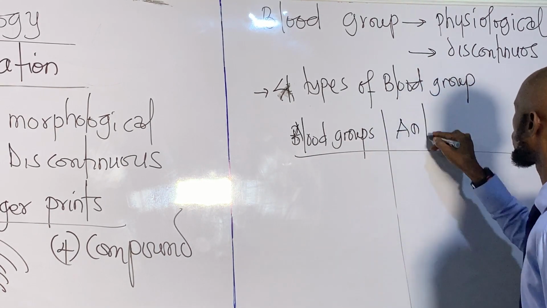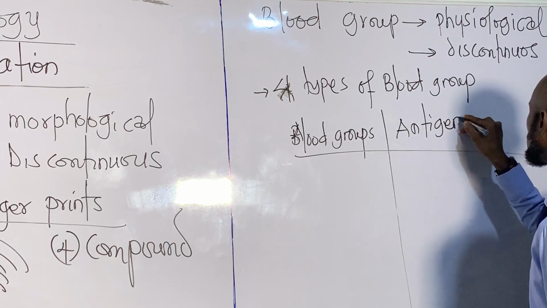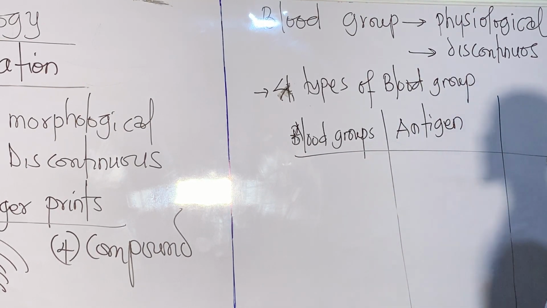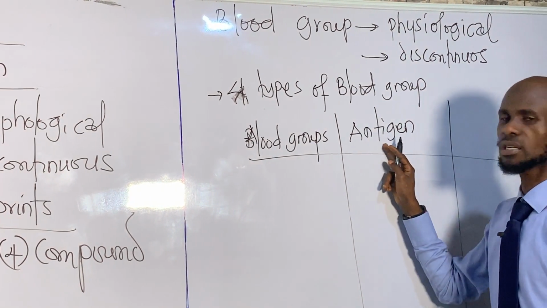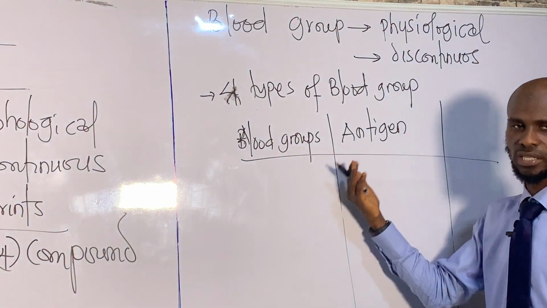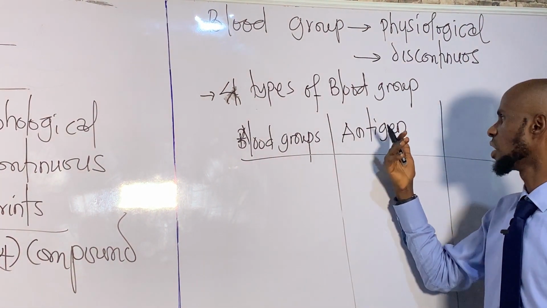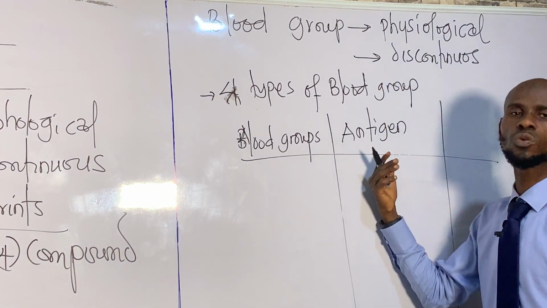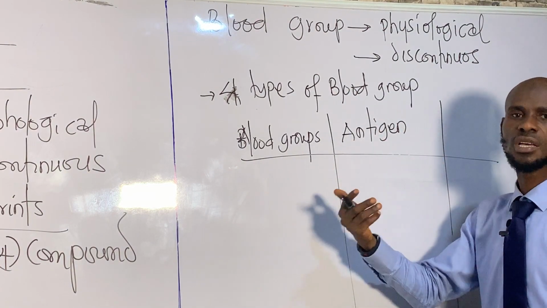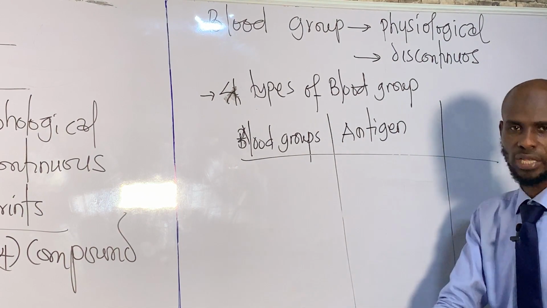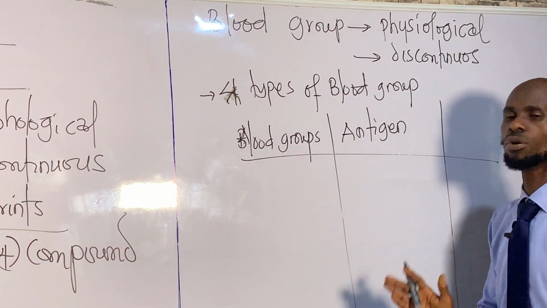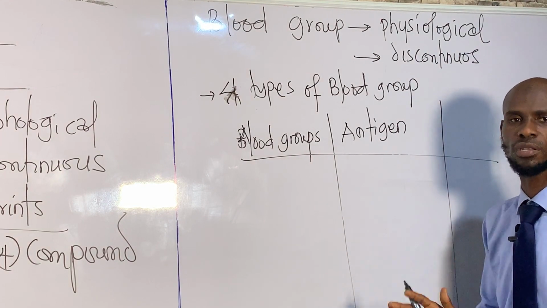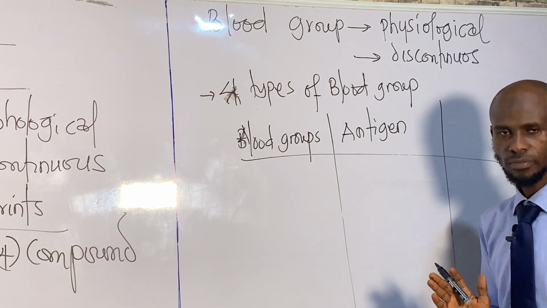Now, there is something we call the antigen, the blood group antigen. The antigen, from the word anti meaning antibody, gen meaning generation, means it is a molecule that always gives rise to antibody. The antigen is found on the surface of the red blood cell in our blood.